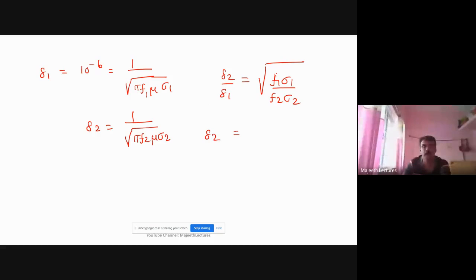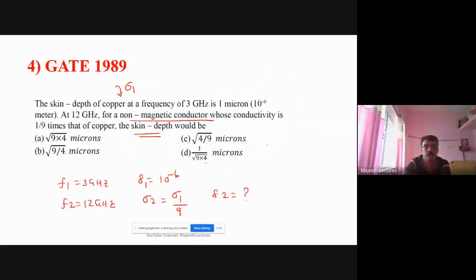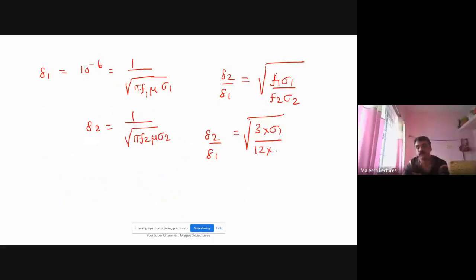Del 2 by del 1, f1 is 3, f2 is 12, so 3 into sigma 1 by 12 into sigma 2, where sigma 2 is sigma 1 by 9. Right? So this is equal to 9 by 4.